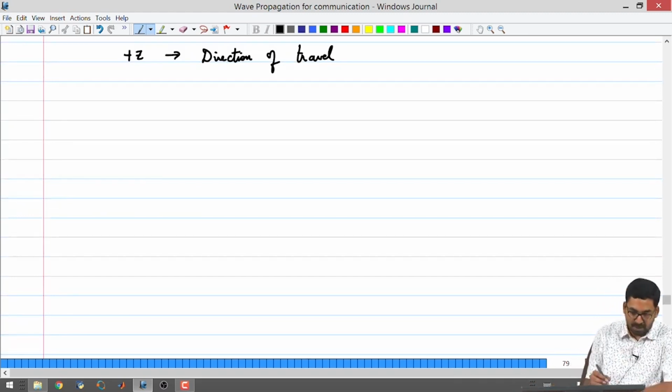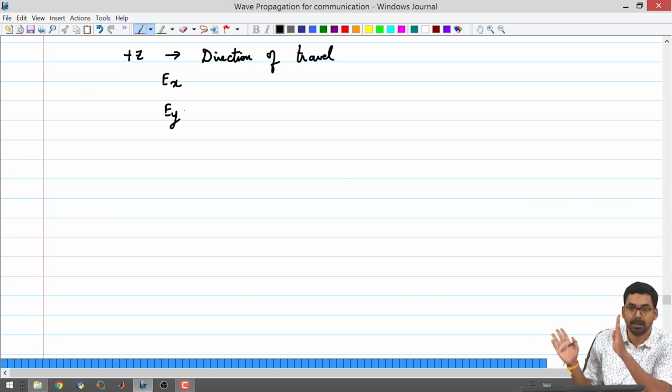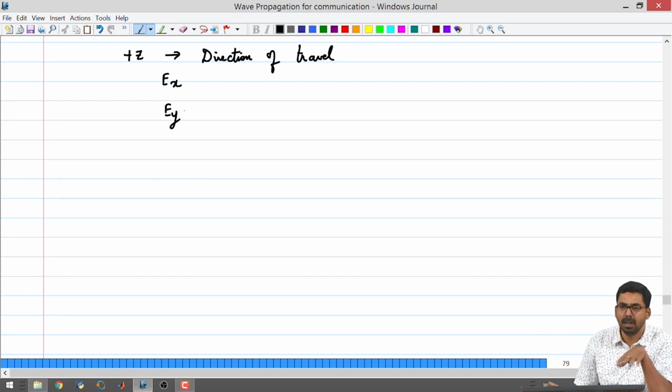We have a very general case where you could have Ex and also Ey, because you are breaking down the electric field into two components in the plane perpendicular to the direction of travel. So, the most general case will have some component Ex and Ey.